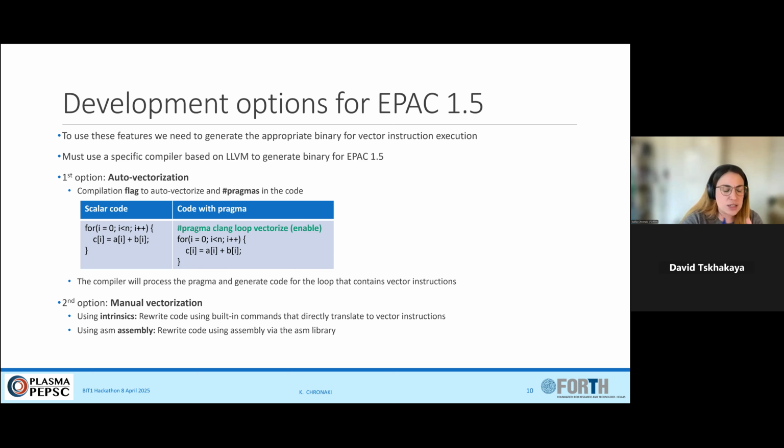And these assembly instructions are vector instructions. And then the last resort is using assembly directly through the ASM library, where we need to rewrite the code with that, but this is very error prone, difficult for the programmer, so it's not generally recommended to just go and write your assembly.